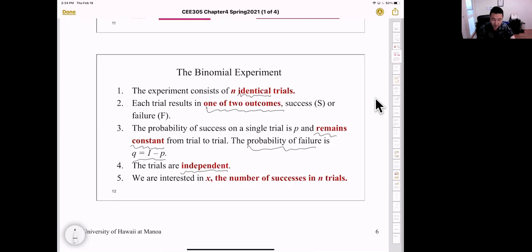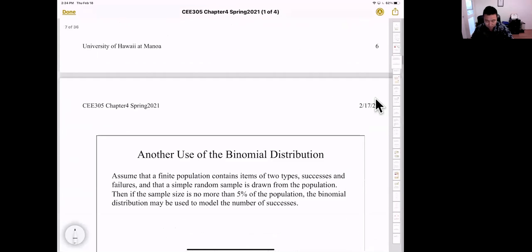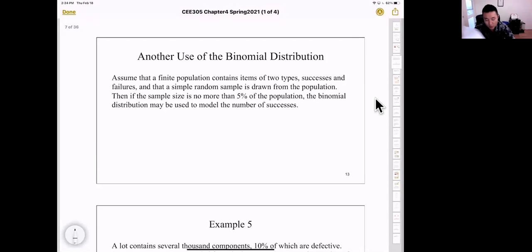And we are interested in the number of successes in these n trials, for example, the number of corroded reinforced concrete specimens in 10 samples. That is one use of the binomial distribution. If a question or experiment is similar to this, we can use the binomial distribution to describe that probability.